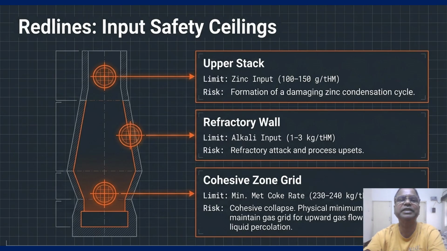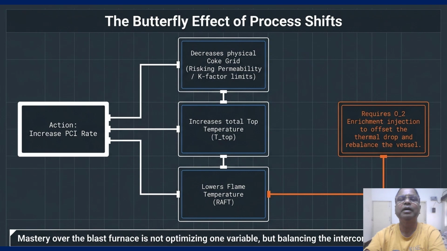You cannot just keep swapping coke indefinitely. So there is a physical minimum required to keep the furnace breathing. So when you push this limit, you trigger a cascade of events we call the butterfly effect. Every decision to push the limit or change an injection rate ripples through the entire process.